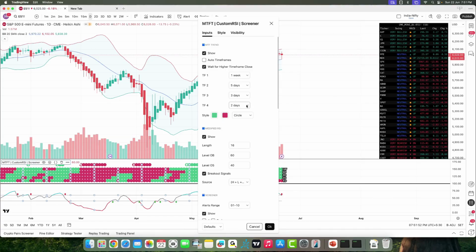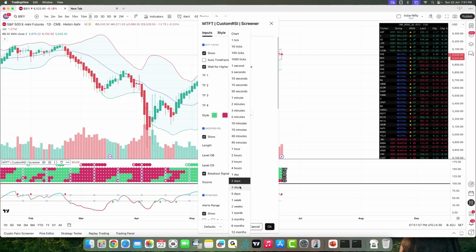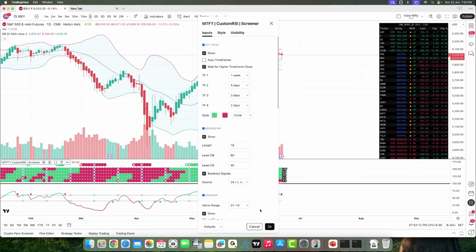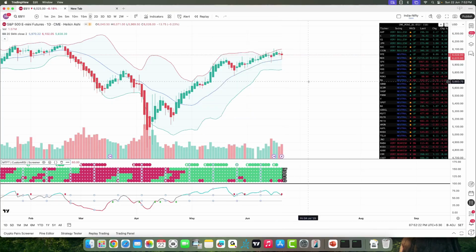So here you can keep the chart time frame at 1 day, but here you can set this to 3 days, then the next one to 1 week, and then after that 2 weeks, and then finally the topmost time frame you can set to 1 month, or 2 months, whatever it is, because if you're a buy and hold investor, you want that kind of time frame analysis for your trading or investing decision. So depending on what your personal style is, you need to think about these time frames according to that.